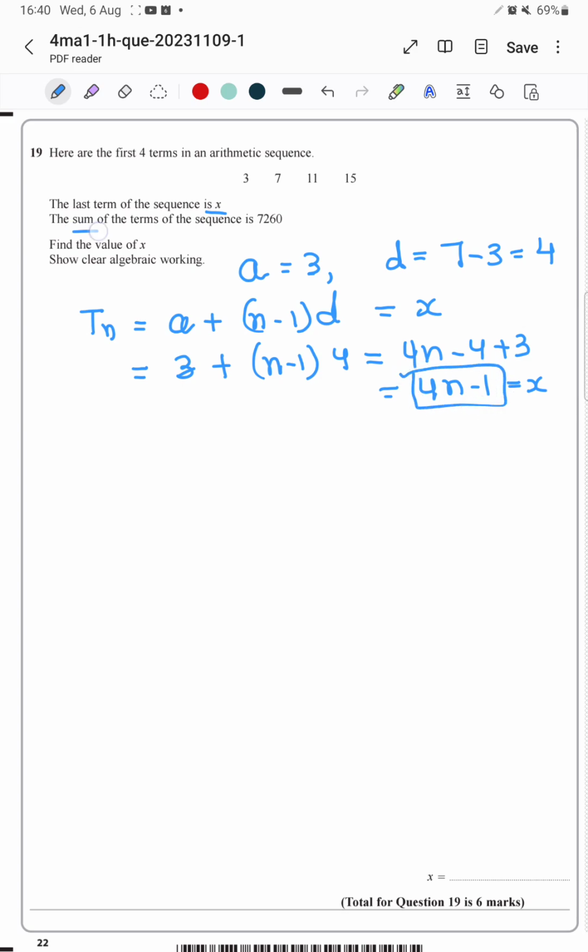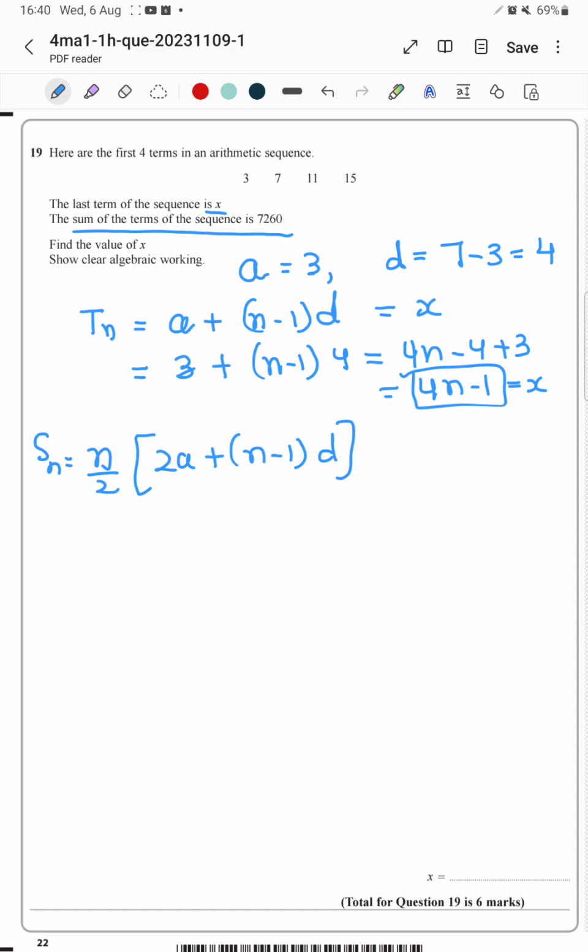We are also given that the sum of the terms of this sequence is 7260. And we all know there are two ways of finding the sum of the terms. The first way, if there are n terms, is Sn equals n by 2 into 2a plus n minus 1 times d.